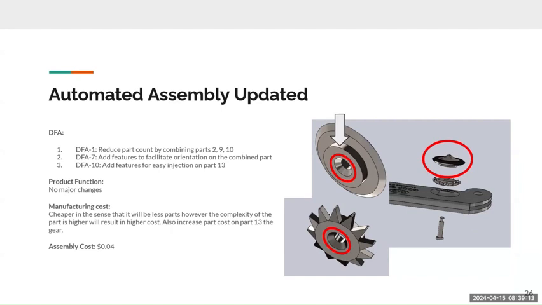This overall reduced the assembly costs. However, it increased manufacturing costs in the gear components as an extra feature was added, and also introduced a new combined part that had a higher manufacturing cost.